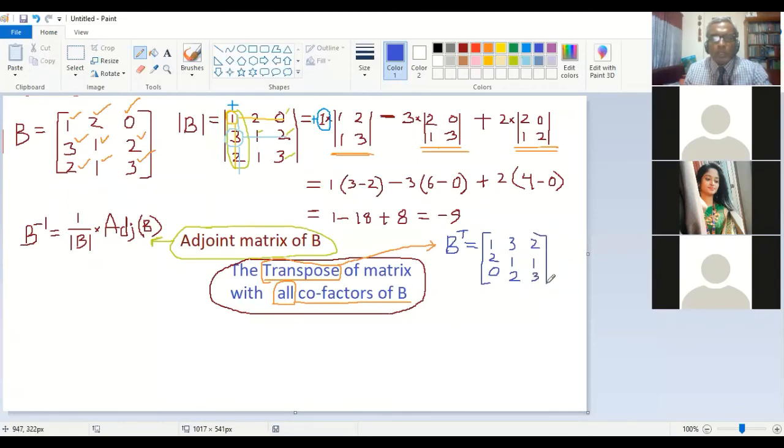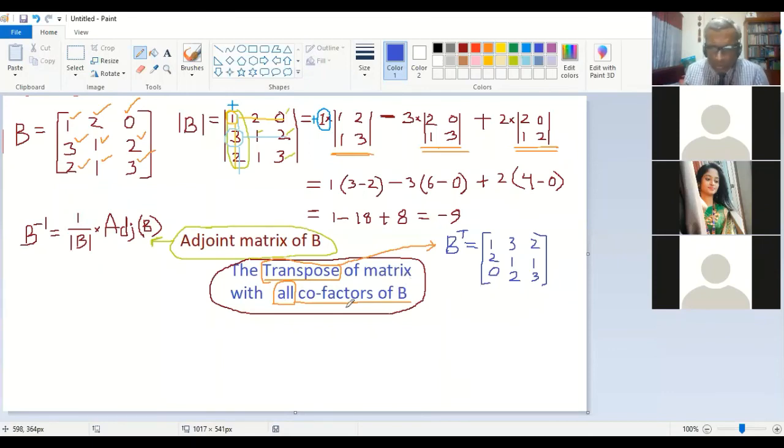So I write all rows as my columns. If you think all columns become rows, that is also all right, the same thing. So this is called transpose. It is not a big problem. Transpose is easy, but for finding cofactors you need to do the calculation.